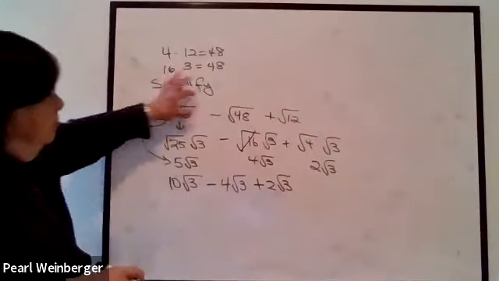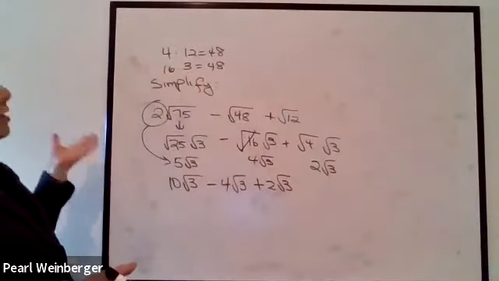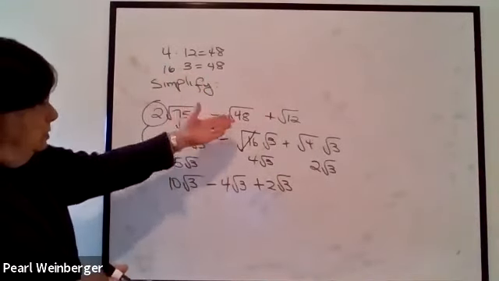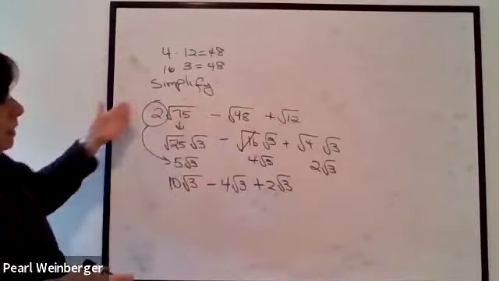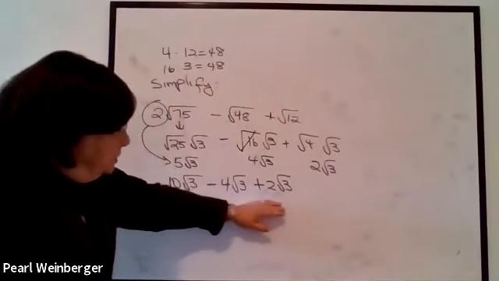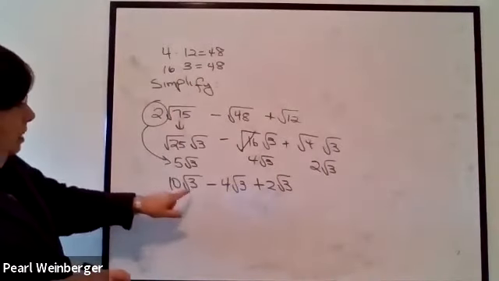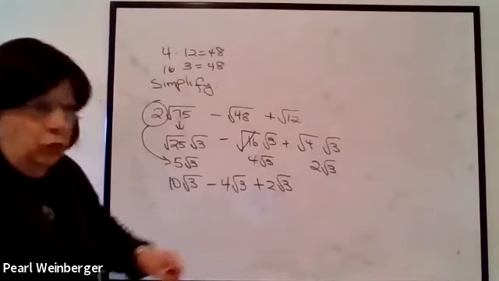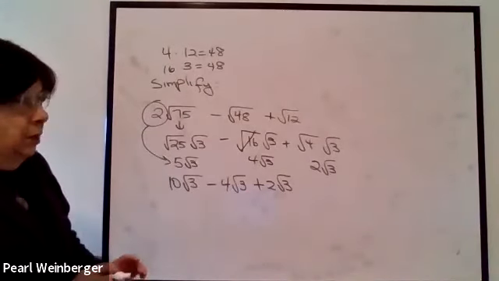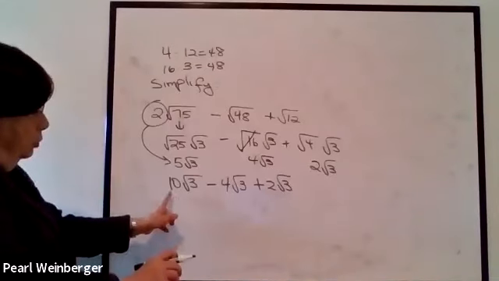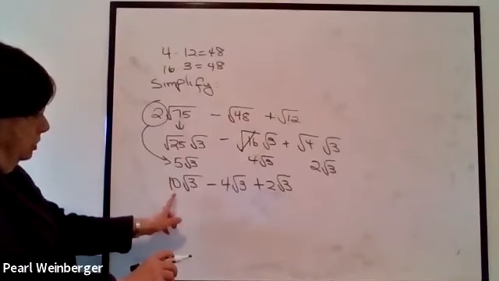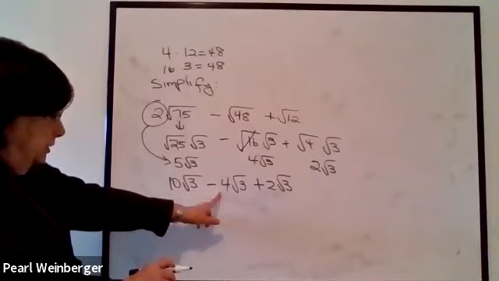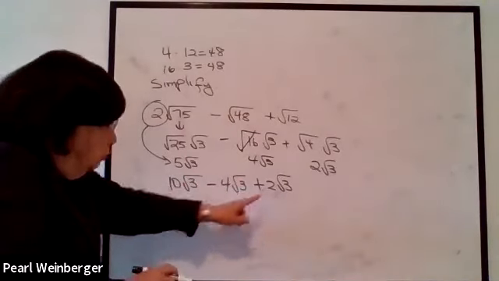So we started out with this expression that had no like terms, no like radicals. And after I simplified everything, the numbers inside the radicals all turned out to be the same. So when I want to add them, I just work with the coefficients. The 10 and minus 4 is 6. 6 plus 2 is 8.